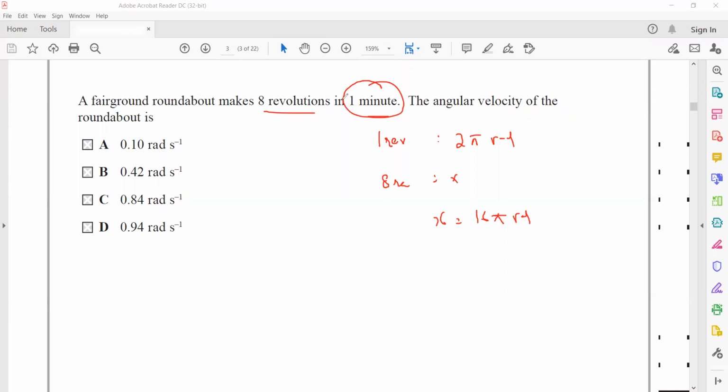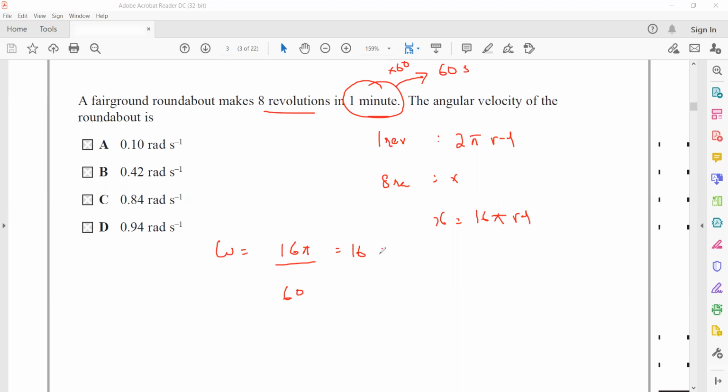And the time is given, all the answers are in seconds, but time is given in minutes, so that will be equal to 60 seconds as we multiply by 60. So to get omega, which is theta, theta is equal to 16 pi radian divided by time, which is 60.